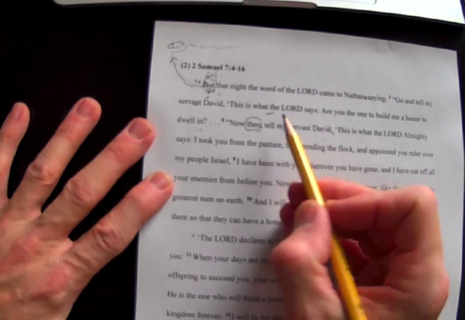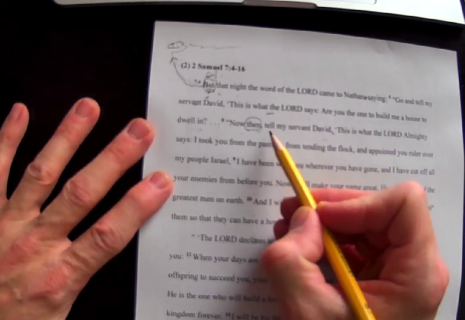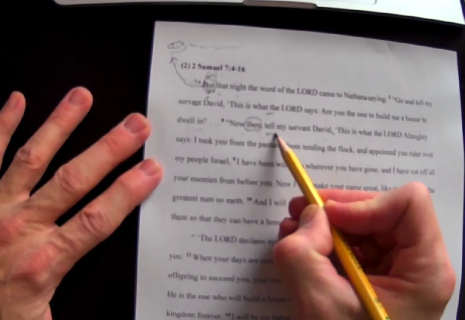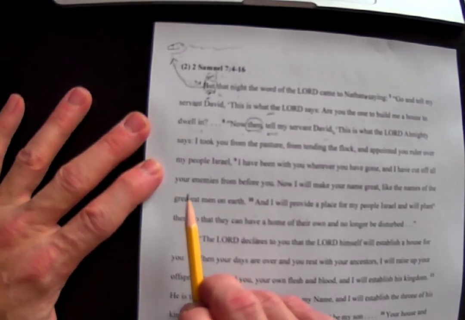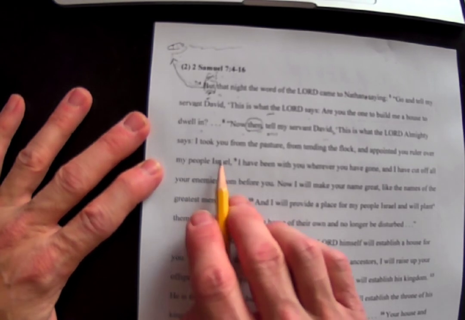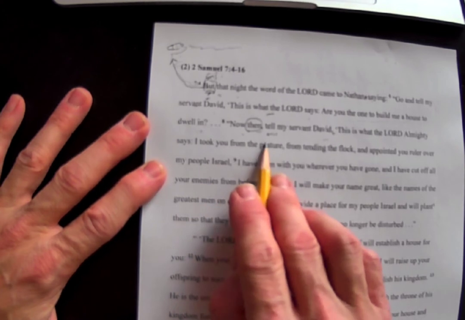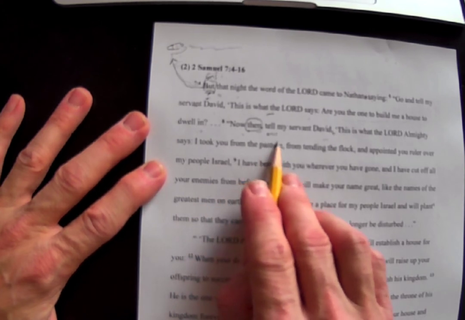But you can also have "then" be more interested in a sequence. In that case, it's not so much interested in time, but in a sequence. This happened, then this happened, then this happened, and this happened.